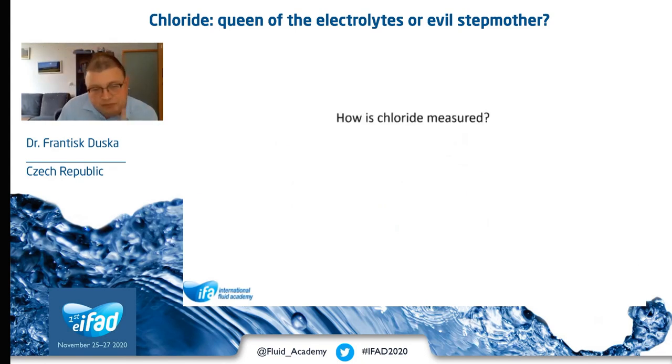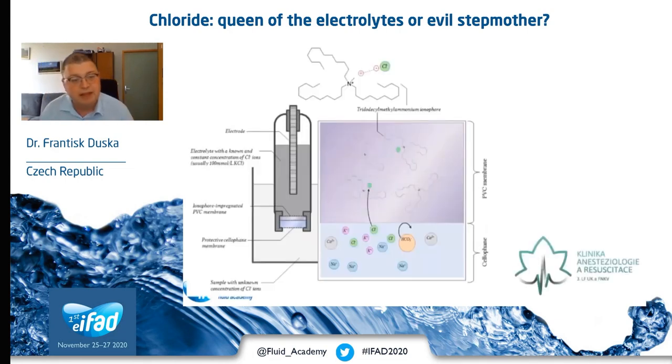How is chloride measured? This is the last point I wanted to discuss. This is not clear. And if you look at normal ranges at various hospitals, various laboratories, these are different. Why is that? So, most commonly chloride is measured in an acid-base analyzer, and as with any other electrolyte, this is measured by electrodes. Obviously, first of all, the chloride in the solution needs to penetrate close to the electrodes, which are immersed in a solution with known chloride concentration.